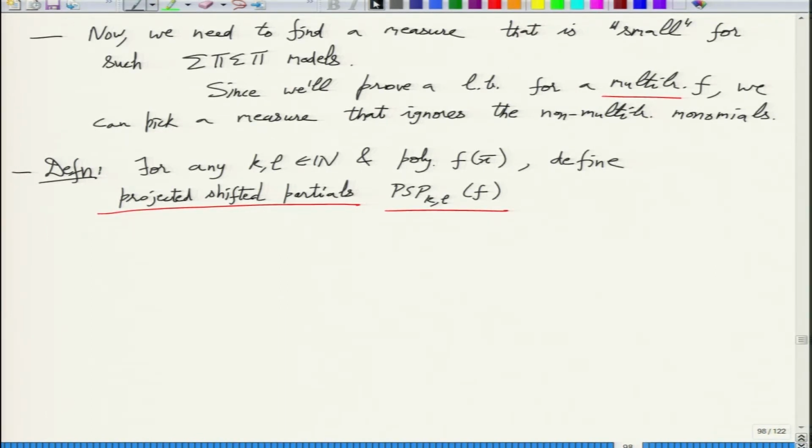I mean, basically you go modulo the ideal x1 square minus x1. So you project x1 square to x1. So the exponent is just made 1 if it was not 0. If the exponent was 0, then you don't do anything. Right? So it's this type of a projection that we want to use.